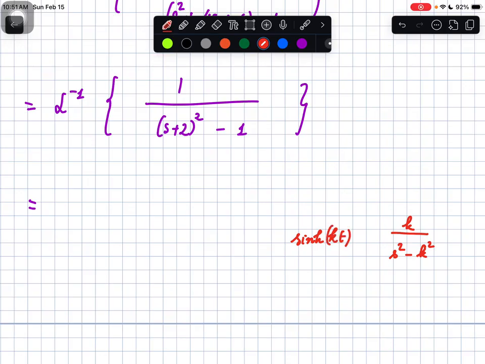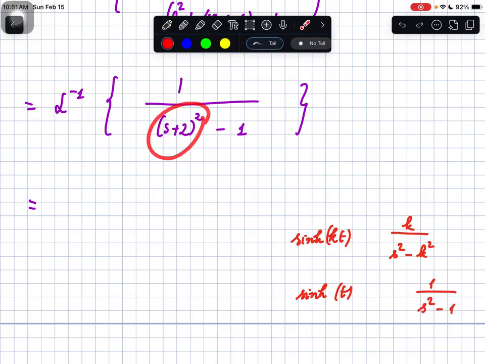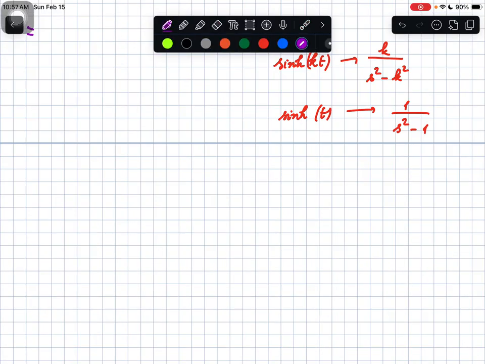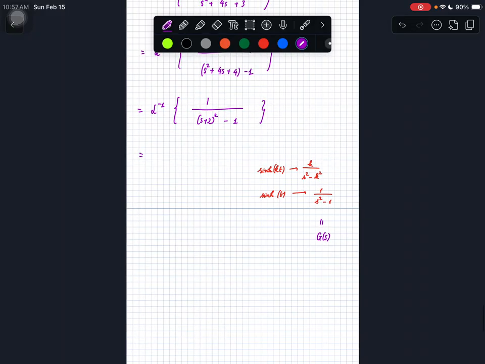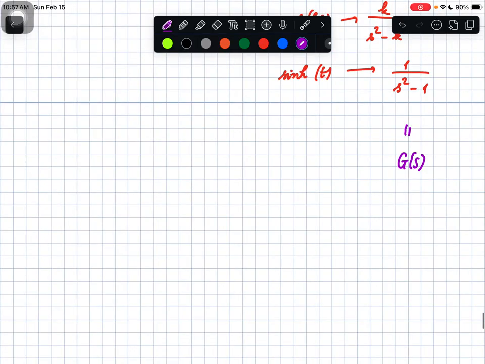So our k is 1: sine hyperbolic 1t is the inverse transform of 1 over s squared minus 1 squared. Then you have the translation right here. So let's call this function big G of s. The function they give us right here will be big G of s minus negative 2.